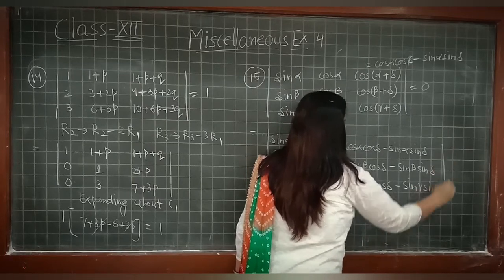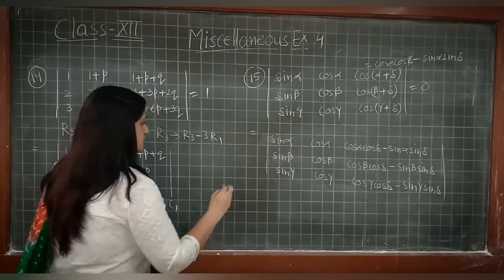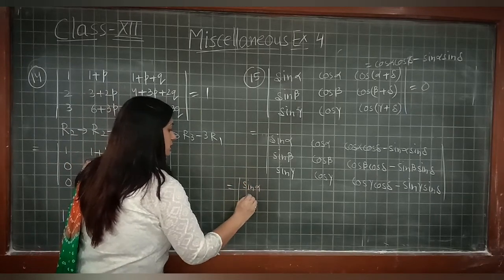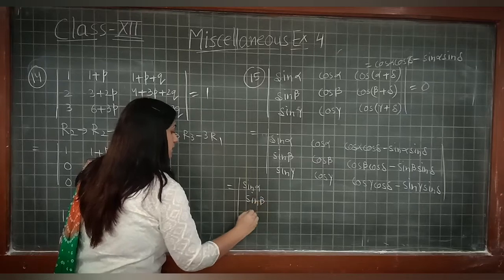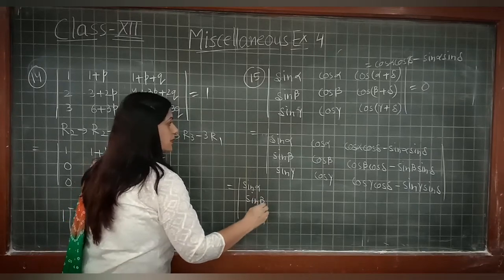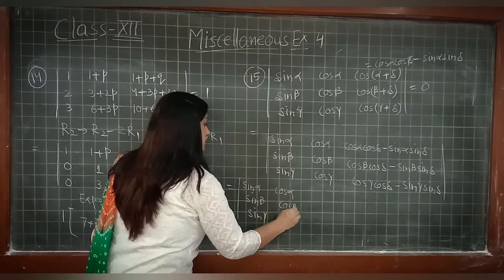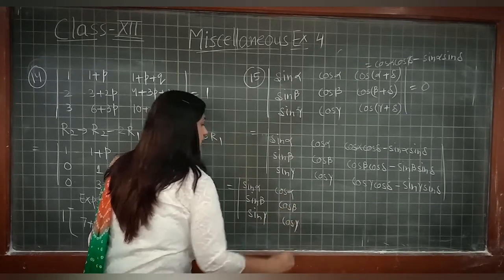Here also cos A, cos delta minus sin A, sin delta. Okay, now let us split this determinant using the properties. So it will be sin alpha, sin beta, sin gamma, cos alpha, cos beta and cos gamma.